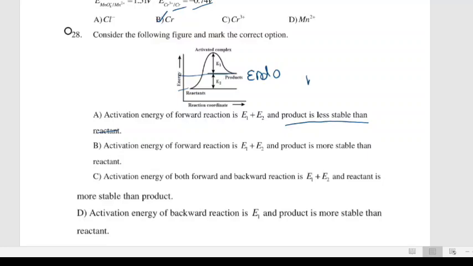Higher the energy, lesser is the stability, right? So we can easily conclude that the first one itself is the answer, and you can go through the remaining options later. For this question, option A is the correct one. Let's get into the next question.